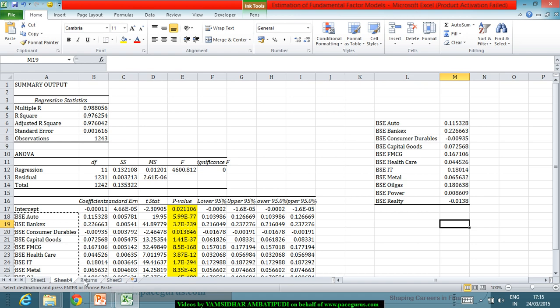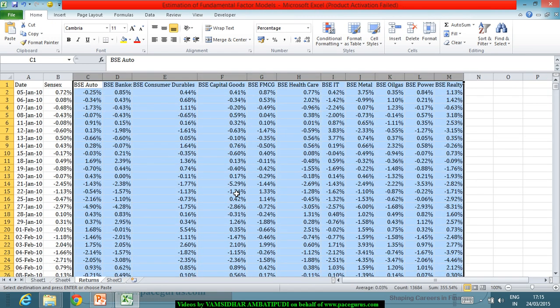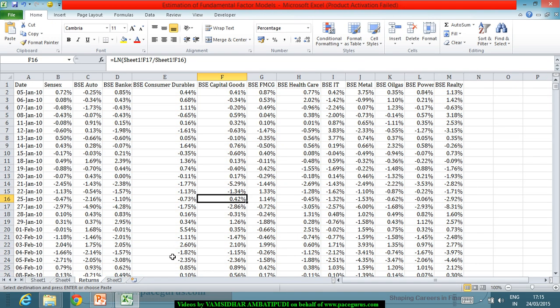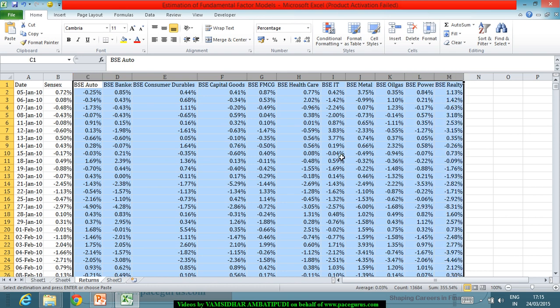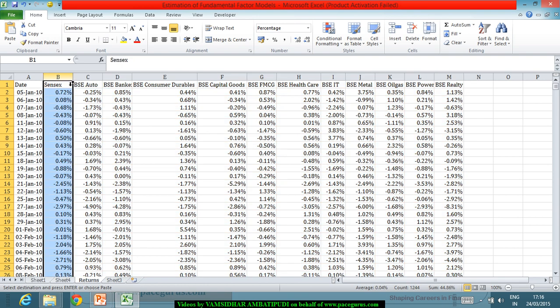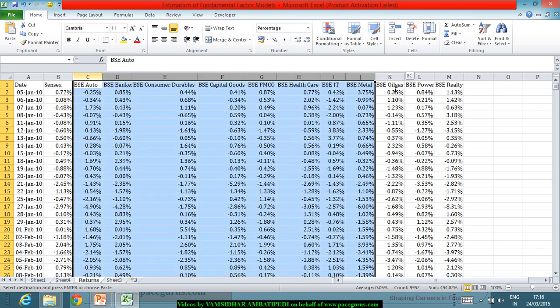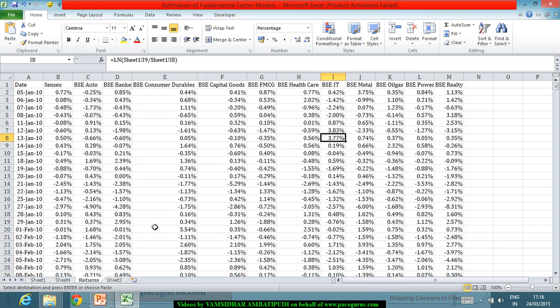Now if I go back to the data, I want to compute the variance covariance matrix for all the various factors, so that I can compute the variance of the Sensex that is attributable to these various factors.